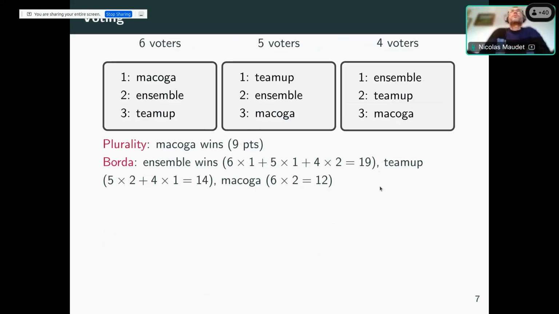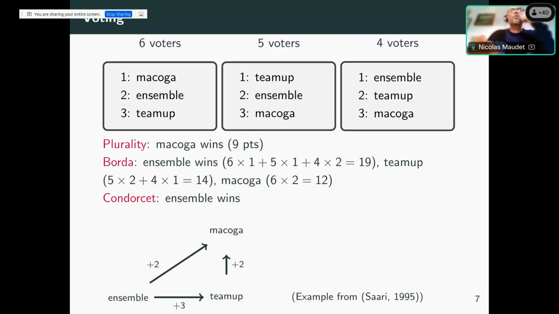And if you take a different perspective, which actually was the one proposed by Condorcet, if you try to look at the different pairwise comparisons between the options, you can draw what we call a majority graph here, where you look at the pairwise comparisons.